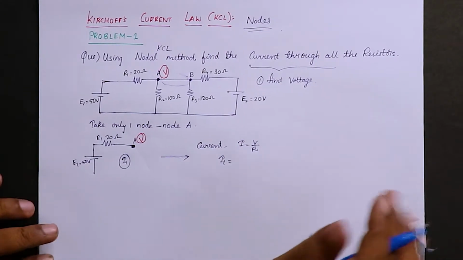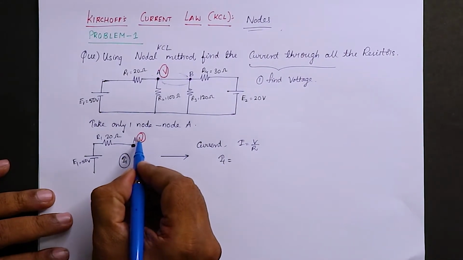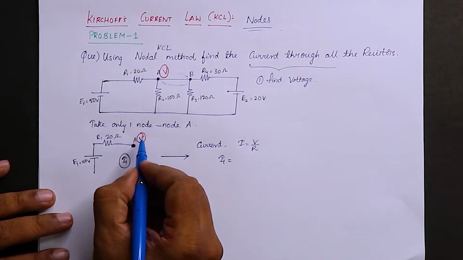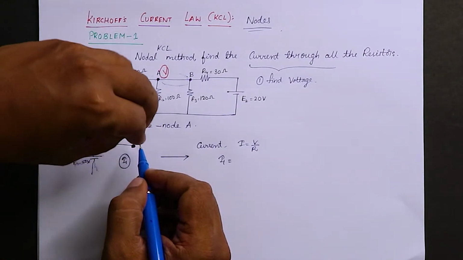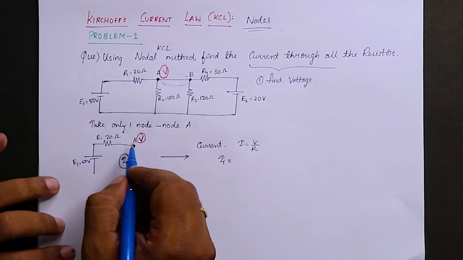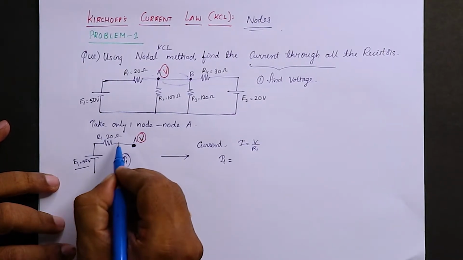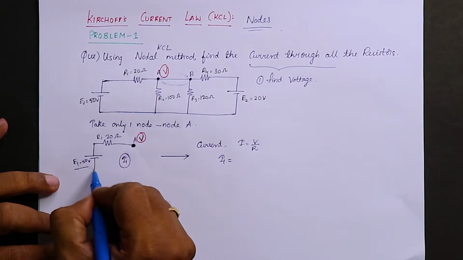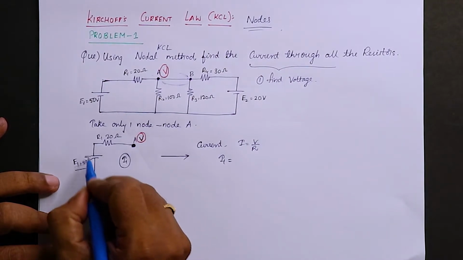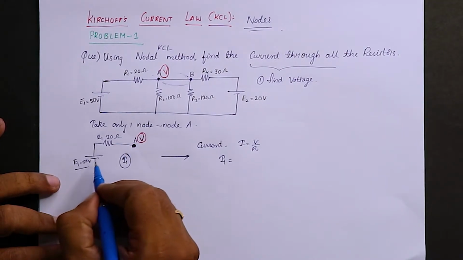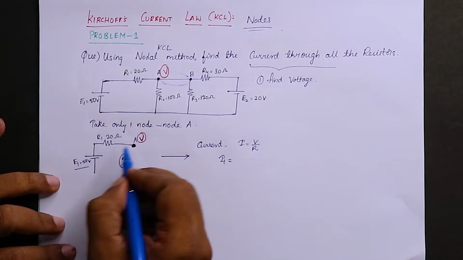See here, V. In this junction, there is one V which we have specified, that there is voltage existing at node A. Okay, but there is another V which is coming towards A, because we are taking the branches in this way. So the voltage here will be the difference of these two.